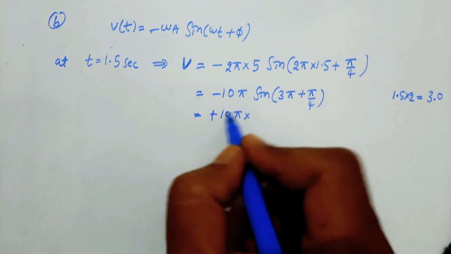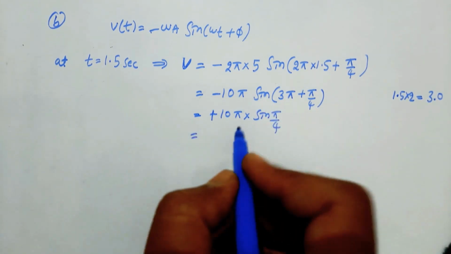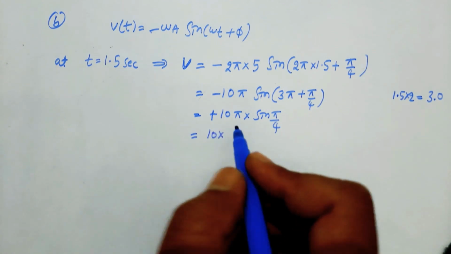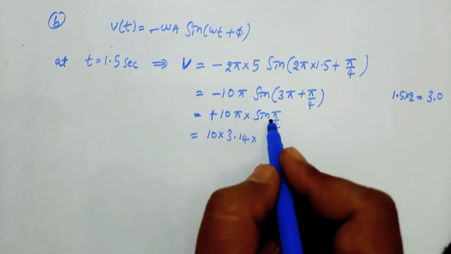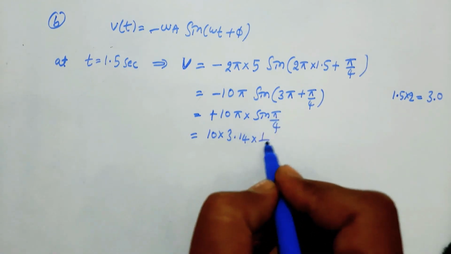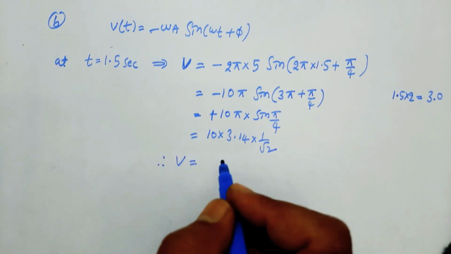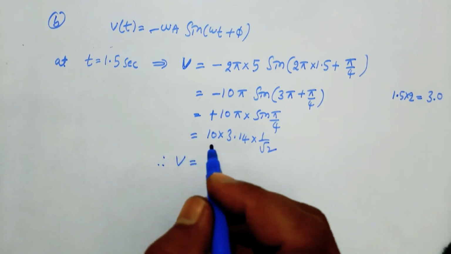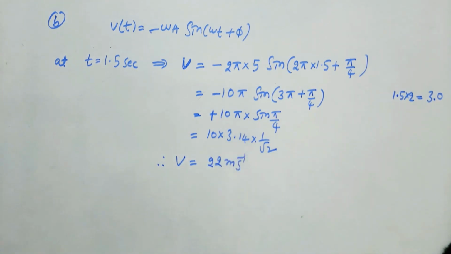So minus minus is plus, and we get 10 into pi, which is 3.14, into sin pi by 4, which is 1 by root 2. So finally we get v at t is equal to 1.5 seconds as 22 meters per second.